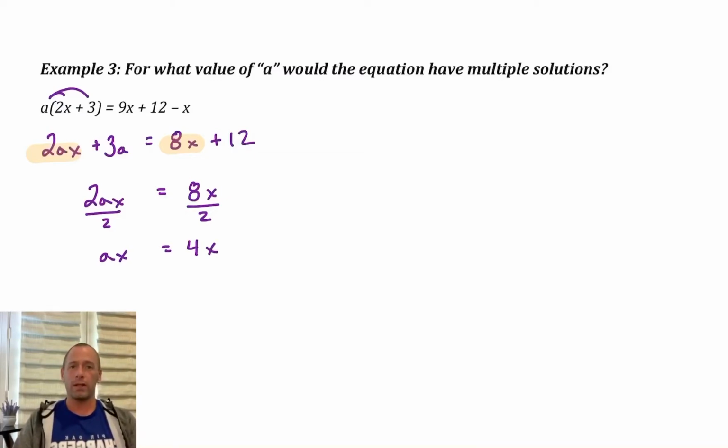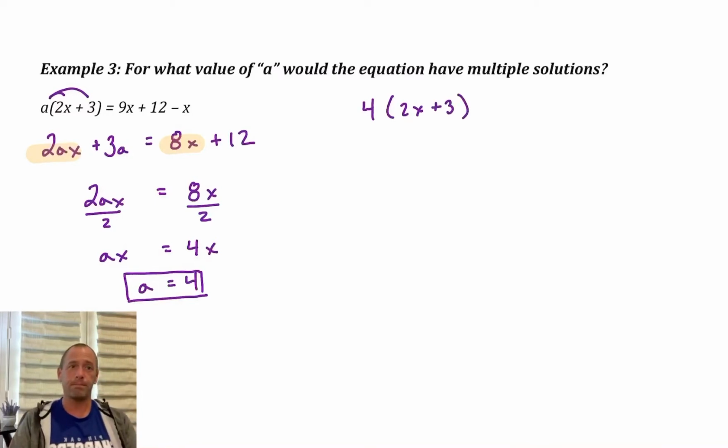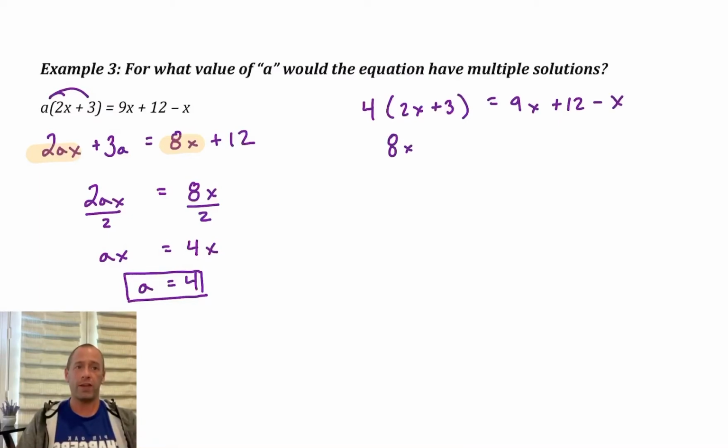So just by looking at the setup of these 2 expressions, you know that a is going to be 4. And if I substituted that back into the earlier step, 3 times a, I get 3 times 4 is 12. So 4 groups of 2x plus 3 is 8x plus 12 equals 8x plus 12. When a is equal to 4, you get an identity, and you get multiple solutions.